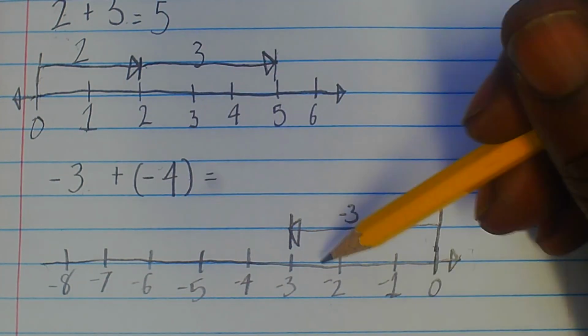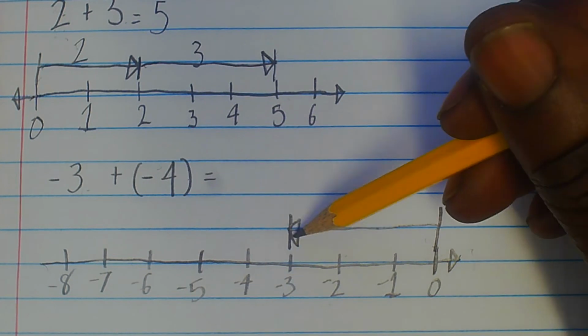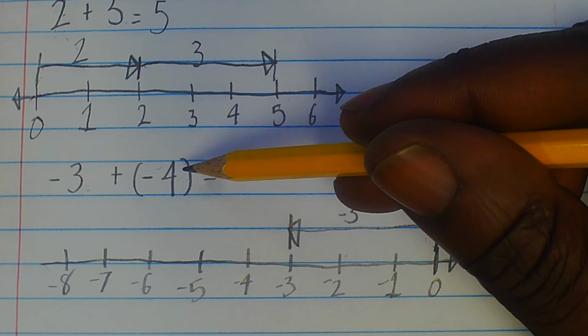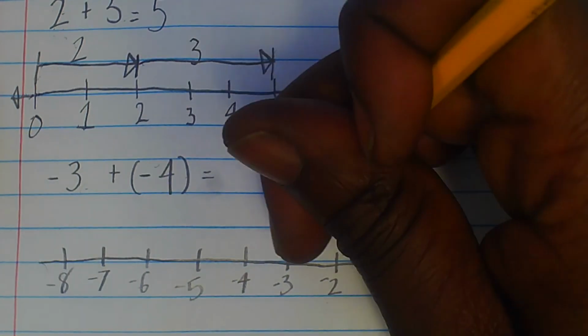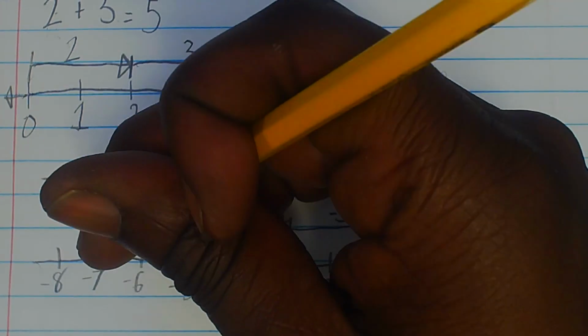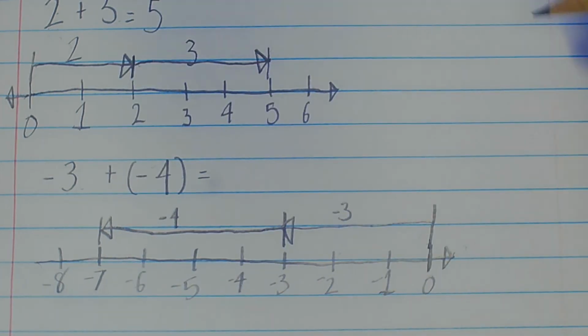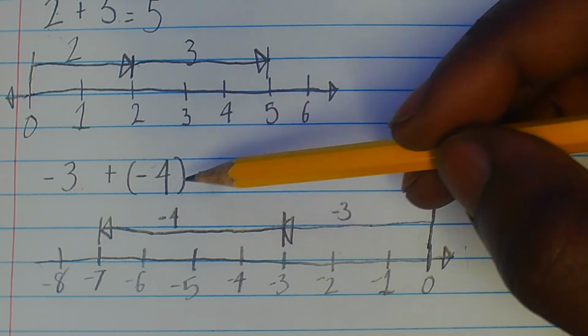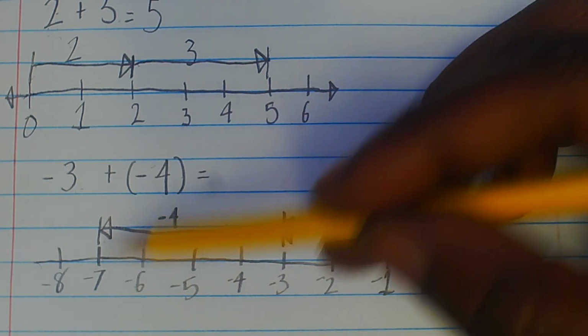Continuing where we left off, we're just adding 4 units to the left because it's negative. So that's 1, 2, 3, and 4. And of course this is -4. Wherever that arrow stops, that's going to give us the value for this problem. Of course, the arrow stops at -7. So that's -7.